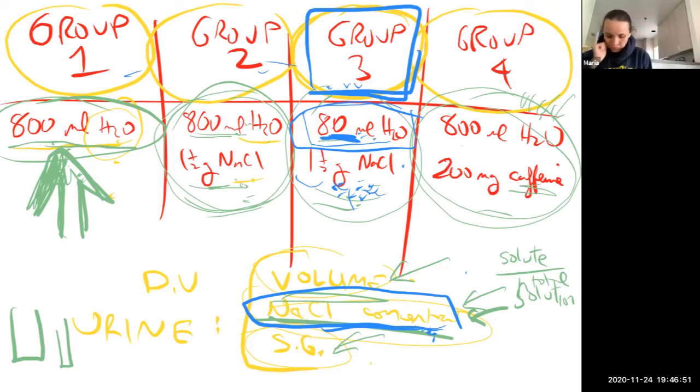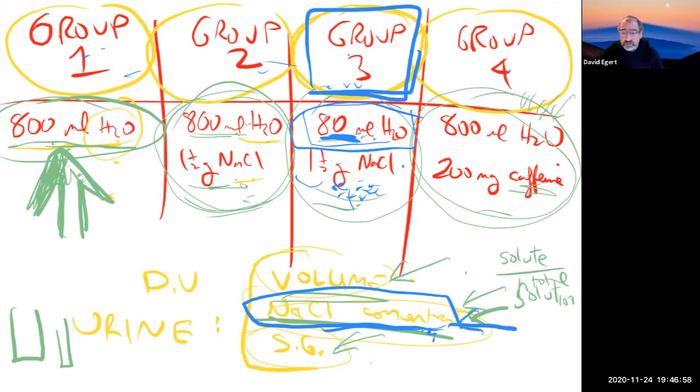So when we're comparing the results here, we're going to look both at the concentration of the salt, but we'll also look at the actual total weight of salt that's being excreted out of the body, which we can do.